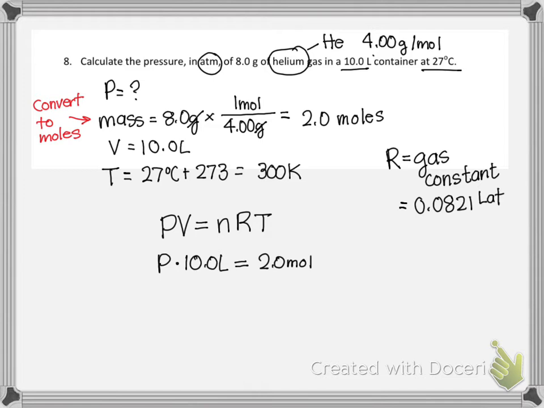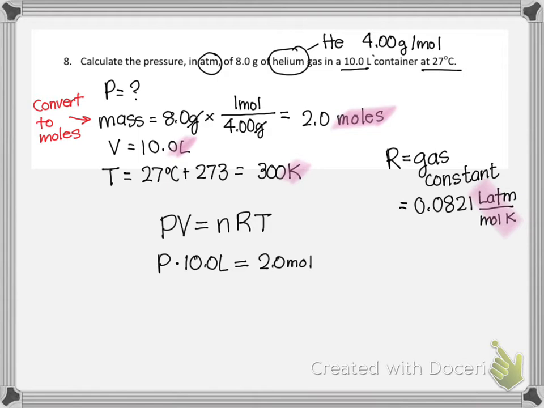The one I give you has the following units: liters, atmospheres, moles, and Kelvin, which is an important point. When you're solving, you want to make sure that the units of the properties you have match R. We do have liters, we do have Kelvin, and we do have moles. So our pressure is going to come out in atmospheres.